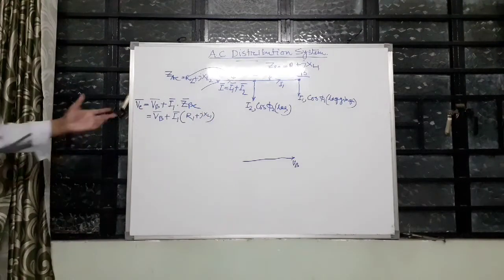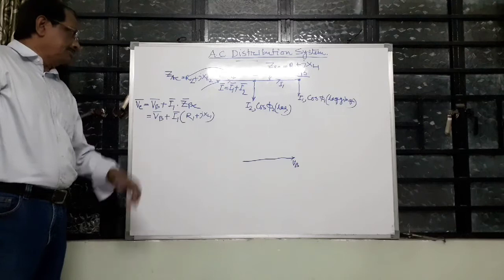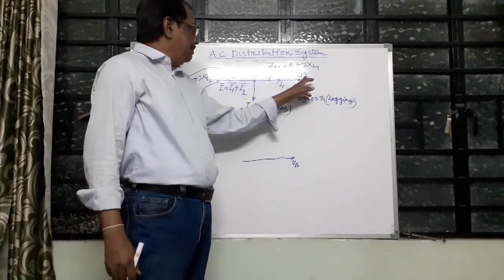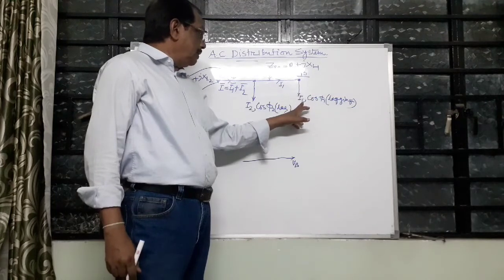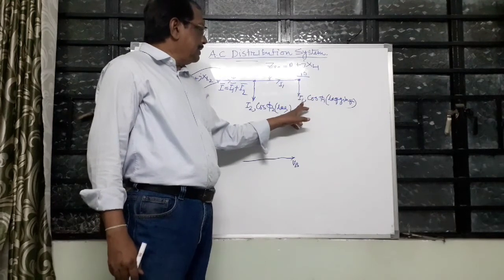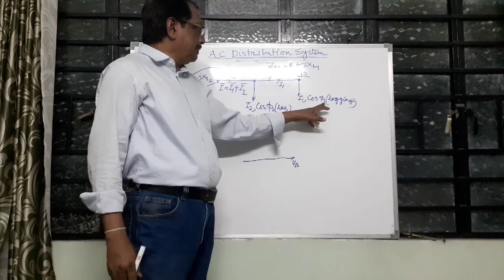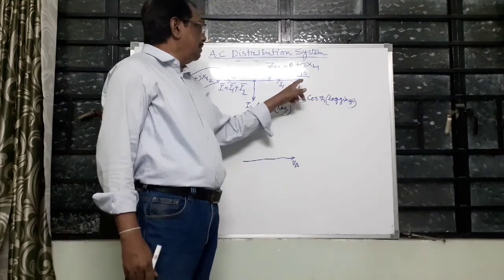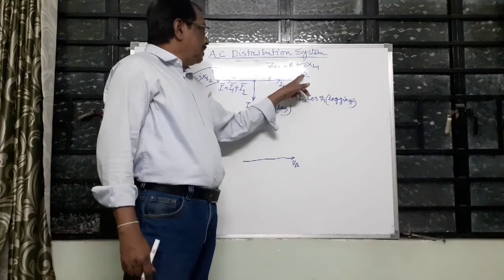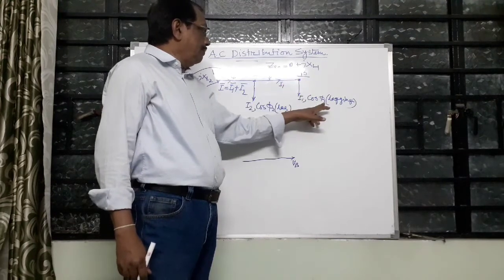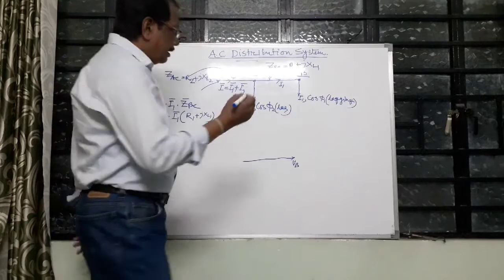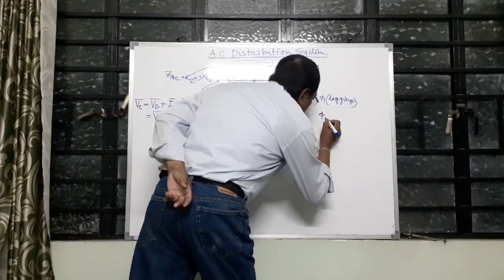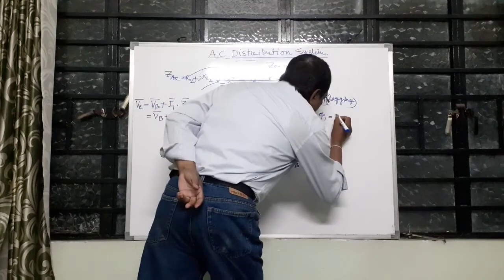So how do we draw the vector diagram? As the reference line is VB, I1 is lagging with respect to VB at an angle phi 1.